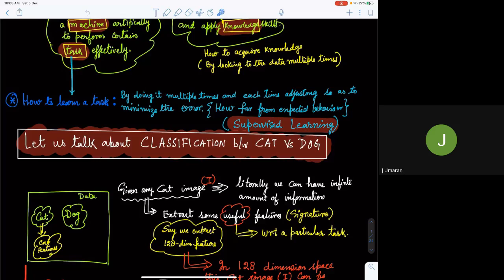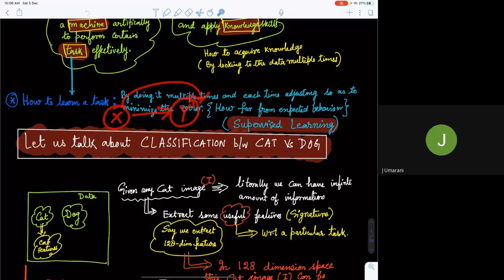And one such task we can talk about is how we can learn, how we can do certain tasks. If you have a task, then you will say that I'm going to give you some input, and correspondingly I'm interested to get some output from you.